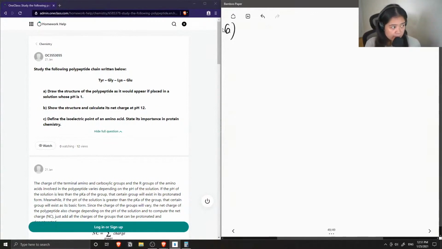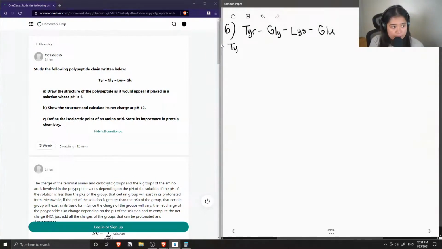So first, let's look at the polypeptide chain that we have. And these are the 3-letter symbols for all of these amino acids. Let's just define what each of these amino acids are. So TYR is the tyrosine amino acid.